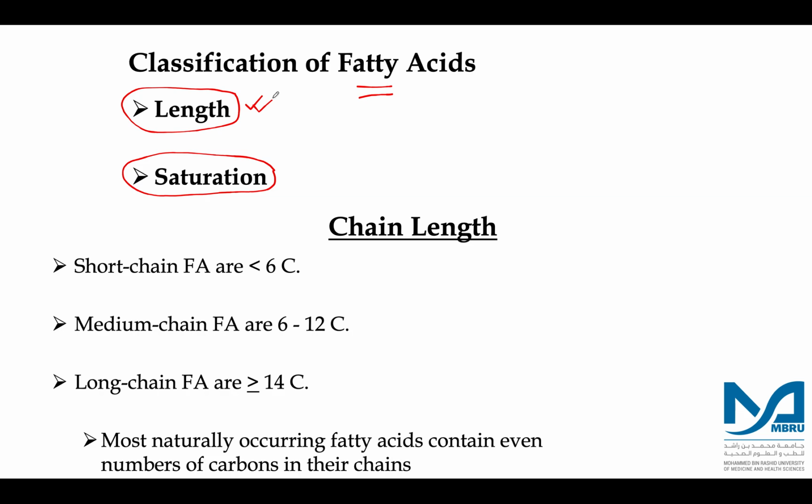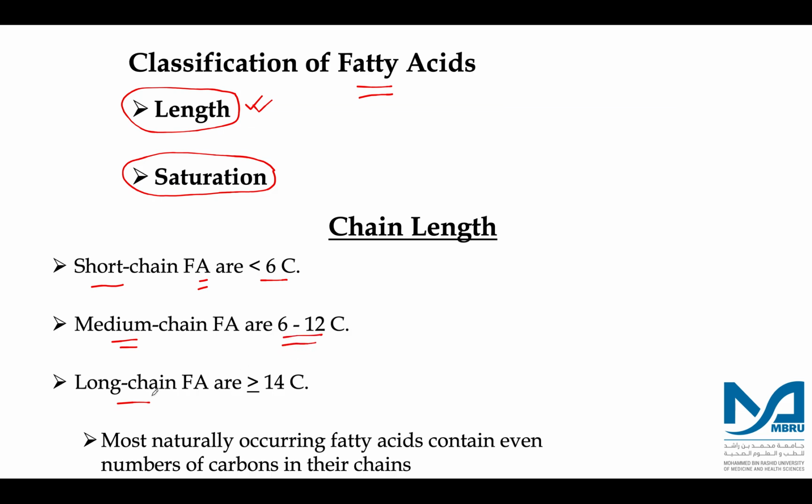Based on chain length, we have three major categories: short chain fatty acid, medium chain fatty acid, and long chain fatty acid. Short chain fatty acids contain 6 or less than 6 carbons. Medium chain fatty acids are fatty acids that contain between 6 and 12 carbons.